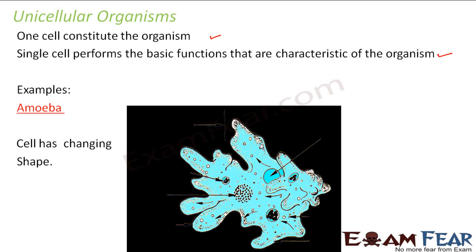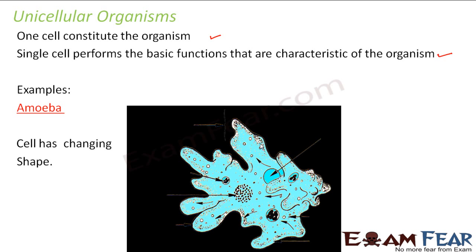It is generally found in marine regions, where you have water, or on the decaying bottom vegetation of freshwater lakes or ponds. If you go to the lowermost level of water in a freshwater lake or a pond, what do you see? You see there will be so many plants and such things which are getting decayed. There also you see amoeba. So it is mostly found in marine regions.